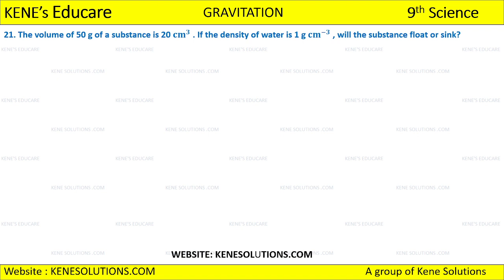Density is equal to mass upon volume, right? Mass is 50, volume is 20, and you will get the answer as 2.5 gram per cubic centimeter. Because the density of the substance is more than the density of water, that is 1 gram per cubic centimeter, the substance will sink. Got it?